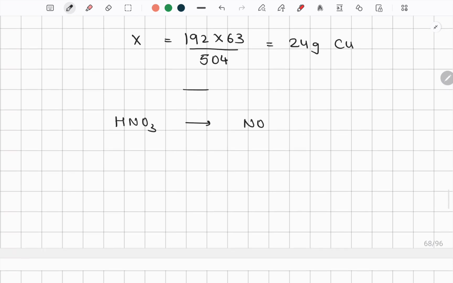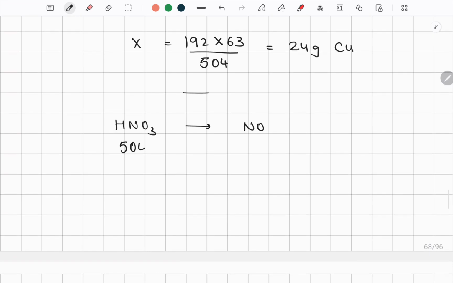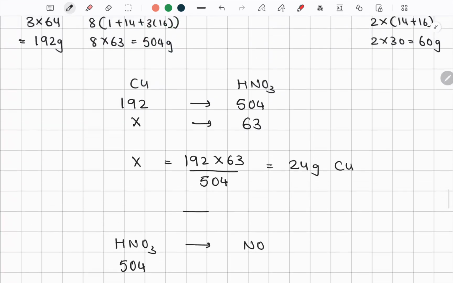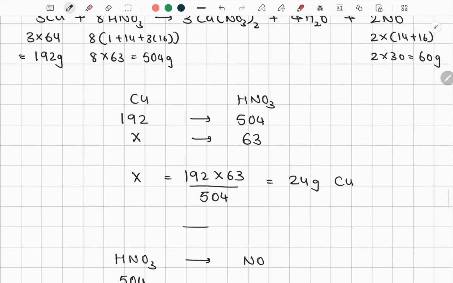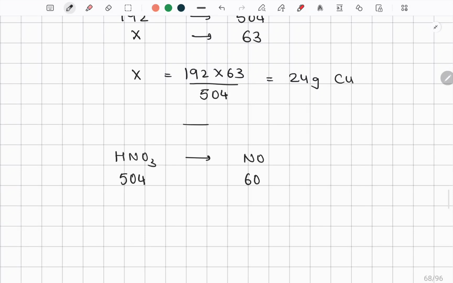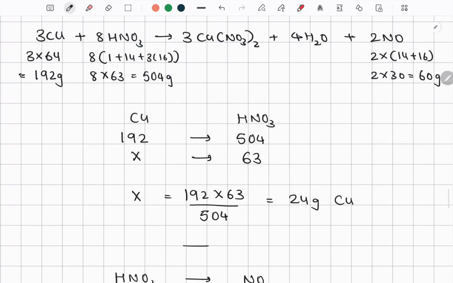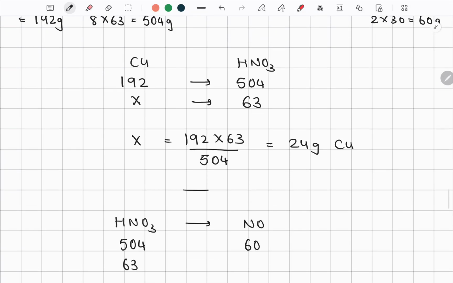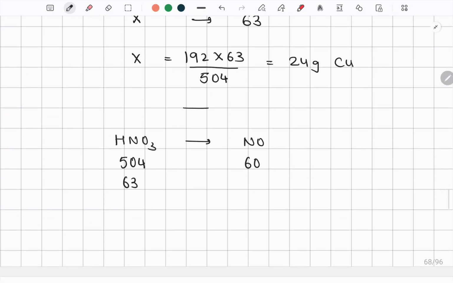So basically we can say that 504 gram of nitric acid produces 60 gram of nitric oxide. Then as we are using 63 gram of nitric acid, 63 gram of nitric acid would produce x gram of nitric oxide.